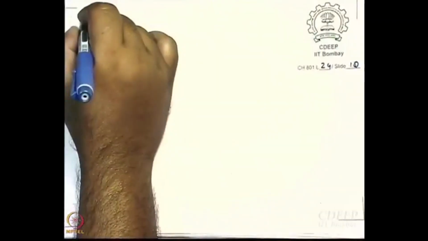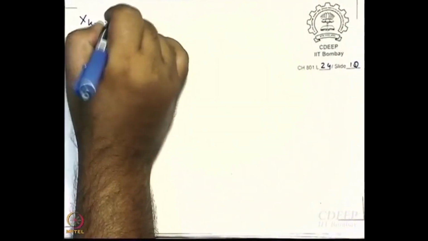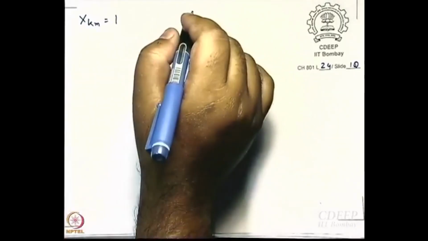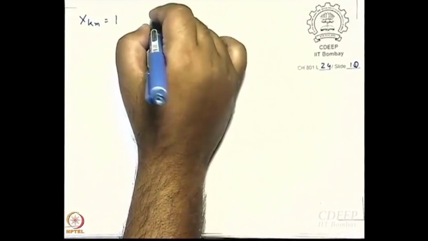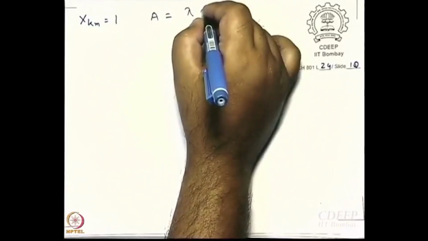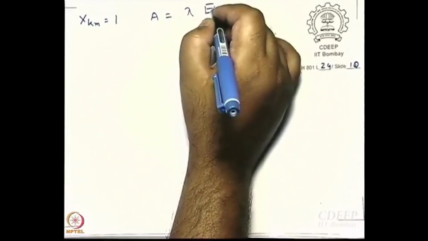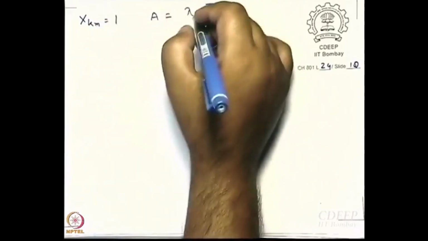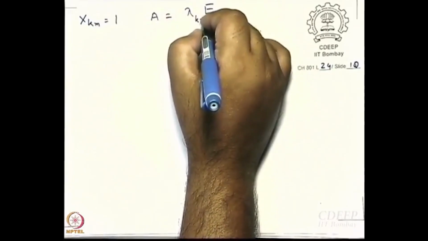What kind of X are we working with? Xkm equal to 1, k is specific, m is specific, right? Everything else is 0. All other matrix elements are 0. Diagonal, off diagonal, everything is 0 except one element. Okay, now, A we said is equal to lambda E, but lambda is going to depend on X. Here we are choosing a very specific kind of X. So this lambda also we call lambda km.